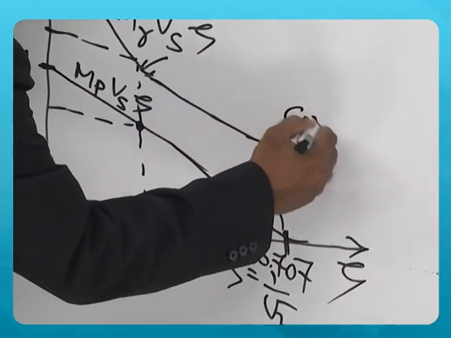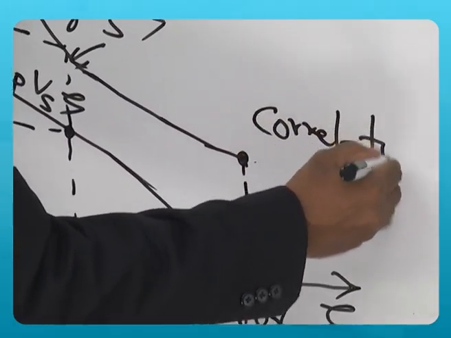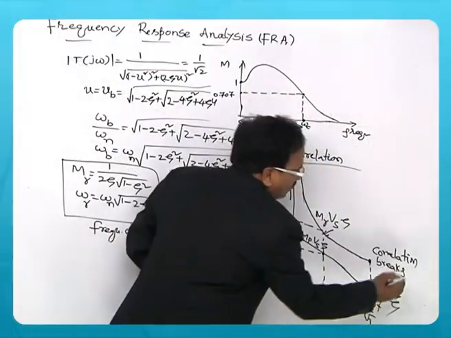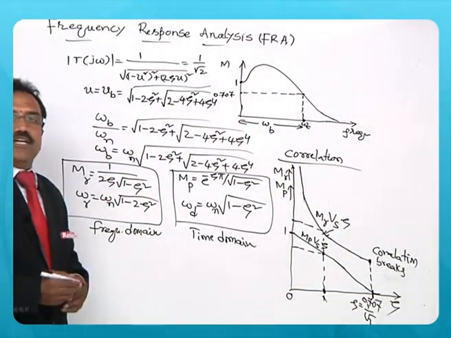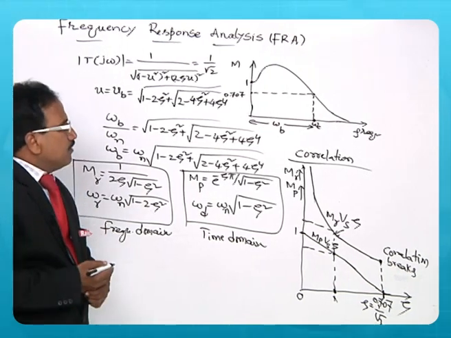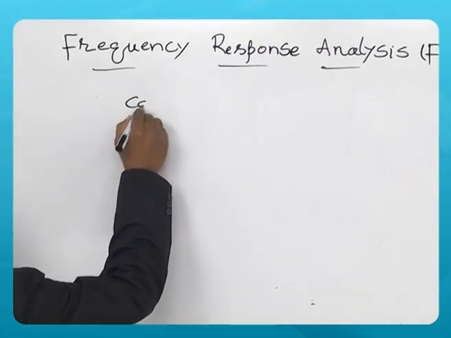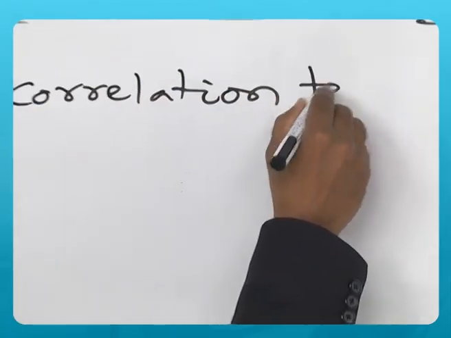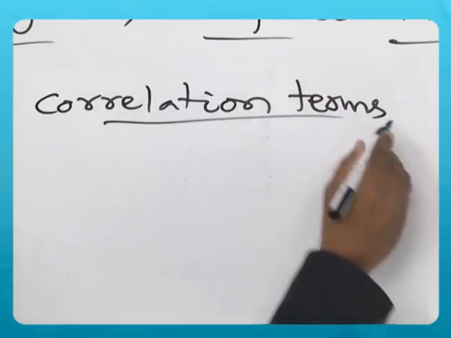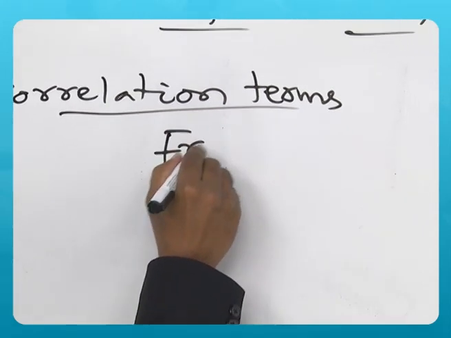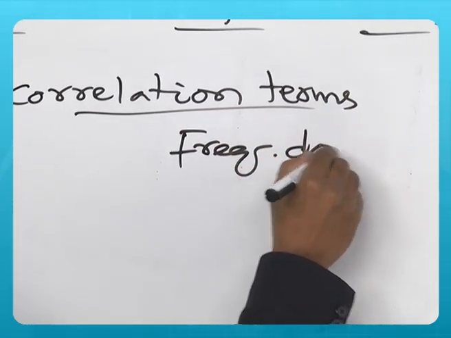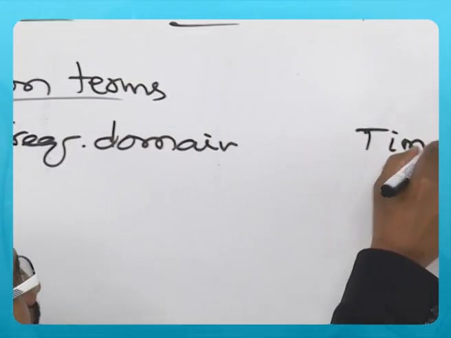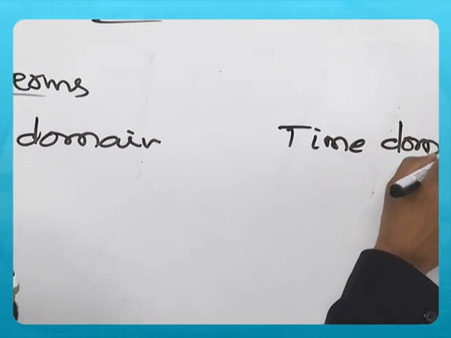Remember that correlation breaks after zeta greater than 0.707. So the correlation terms between frequency domain and time domain.